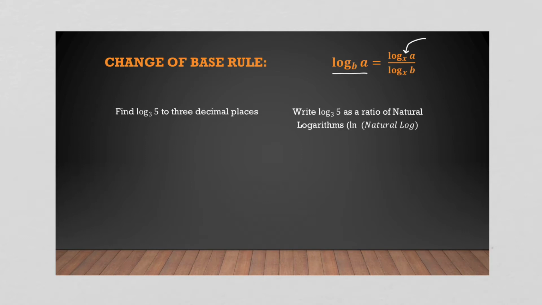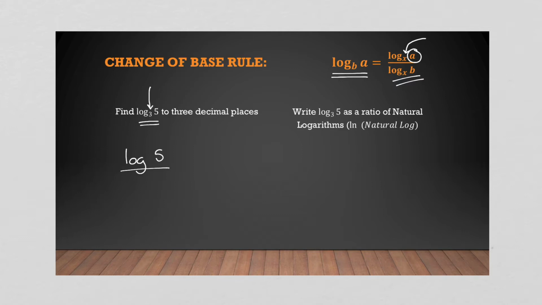You take the log of a certain base of an object, and you can write it, just like this, as the log of the first object to whatever base you want, over the log of the original base to that same chosen base. But almost always, we will just put it to base 10 log.